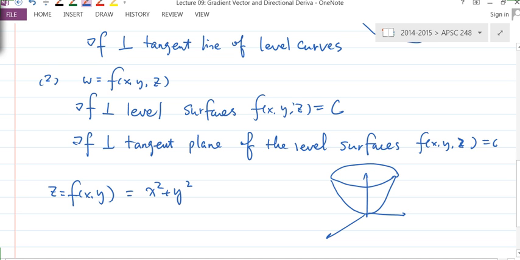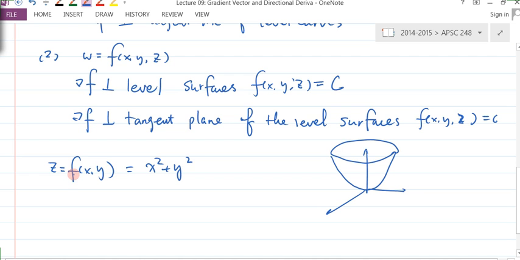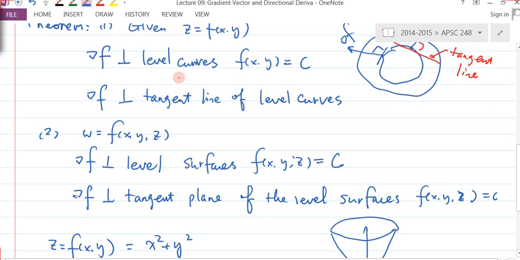If you calculate the gradient vector del f, you get a 2D vector, so you are able to draw the 2D vectors in the xy plane, as we said in bullet number 1. That gradient vector will be perpendicular to the tangent lines of the level curve, right?